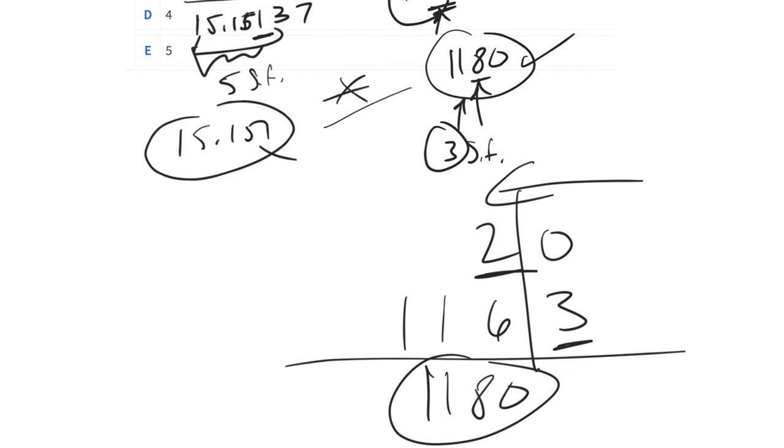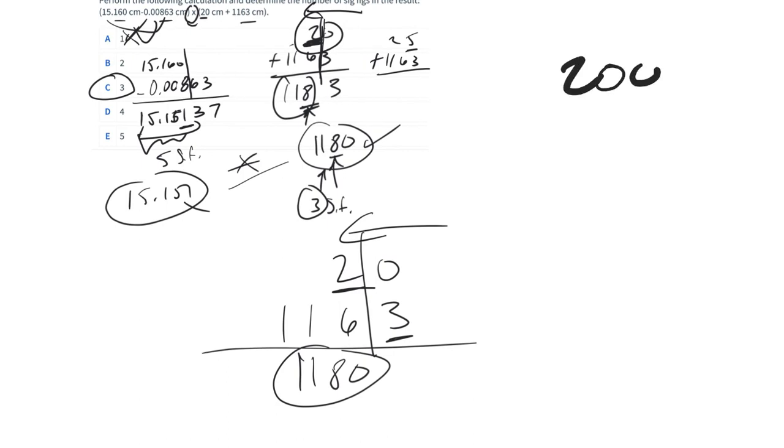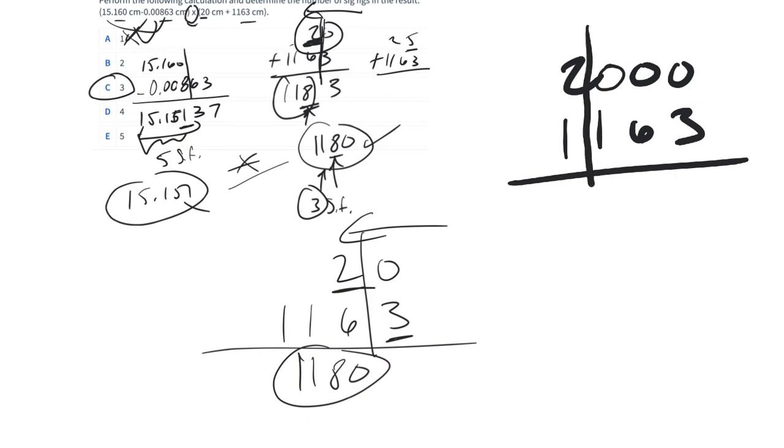So if it was 2,000 plus 1,100, let's do that one. If we said it's 2,000 instead of 20 plus 1163, then we would assume here that some other tool was used to get to 2,000, some other estimation, so it's only 2,000 plus or minus 1,000.